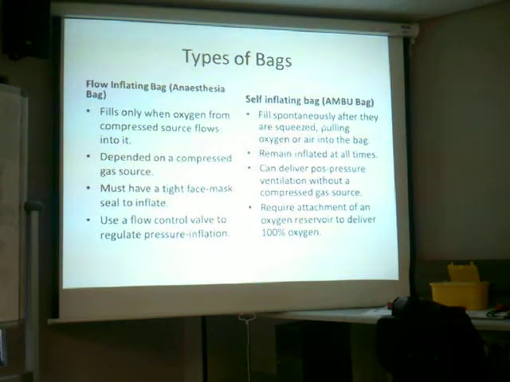Whereas with the ambu bag, if you let go, it has a recoil, and it fills either with room air or with the oxygen source. With the anesthetic bag, if there is no source, it will not inflate. So that's one of the 2 main differences.